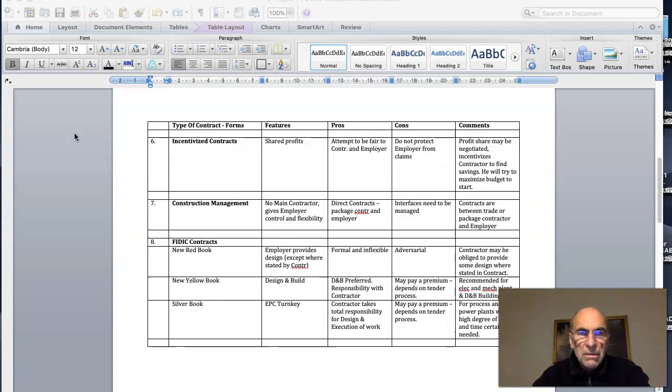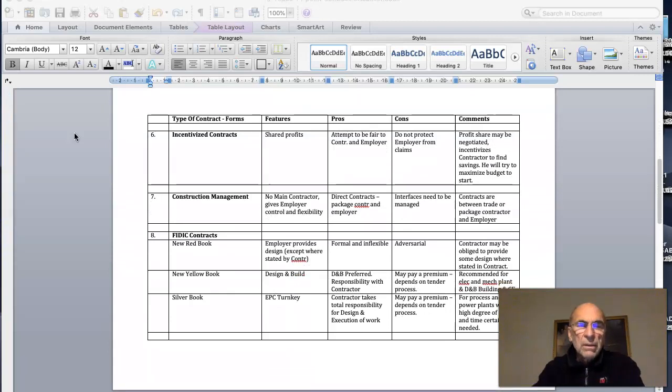Item 6 on the 11-point contract checklist is incentivized contracts. So these are shared profit contracts, and they're an attempt to be fair to both parties, the contractor and the employer. They don't protect the employer from claims. However, the contractor is incentivized to find savings because he will get a share of those savings.